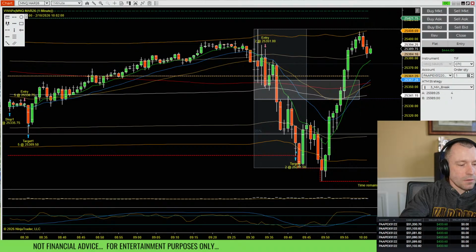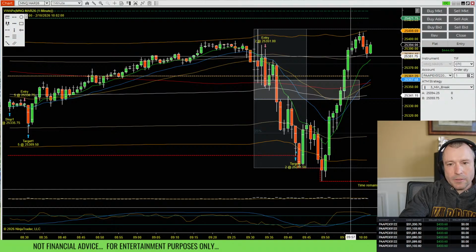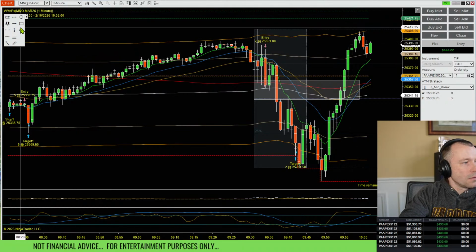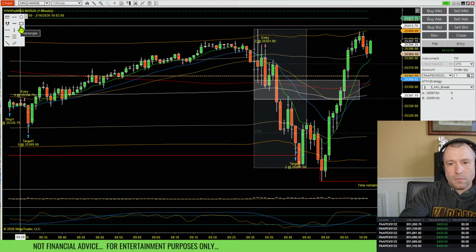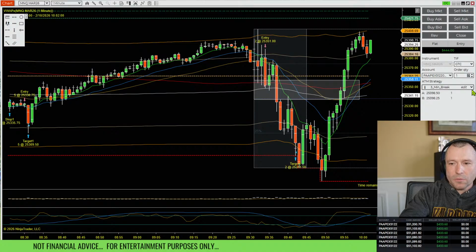That would be much better. Well, we pulled into this gap here. It's a 19-point candle there. So on 1 micro, that'd be 40 bucks. 2 micros would be 80 bucks.